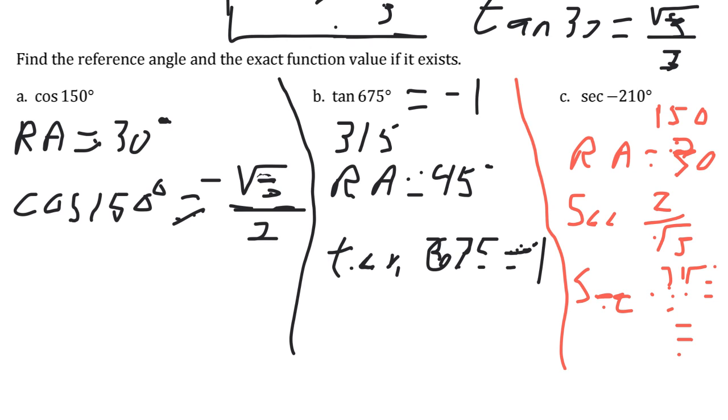So secant of negative 210 is 2 root 3 over 3. And it's positive because it's in quadrant 2. I mean, quadrant 3 had been negative. And that is basically how you do these.